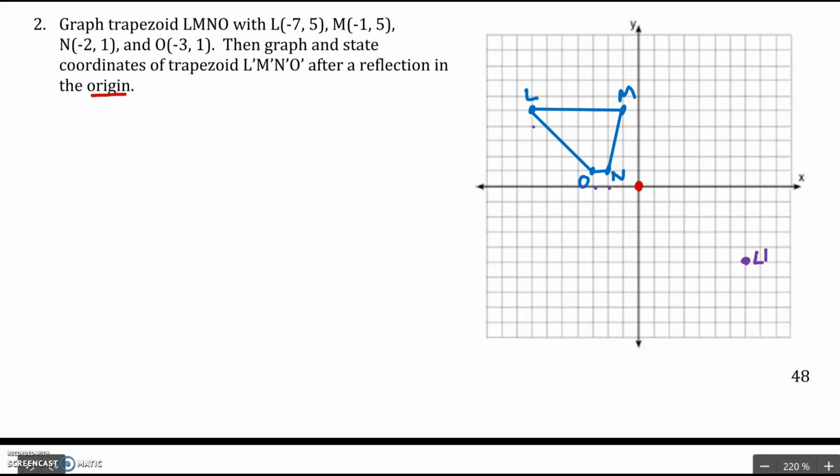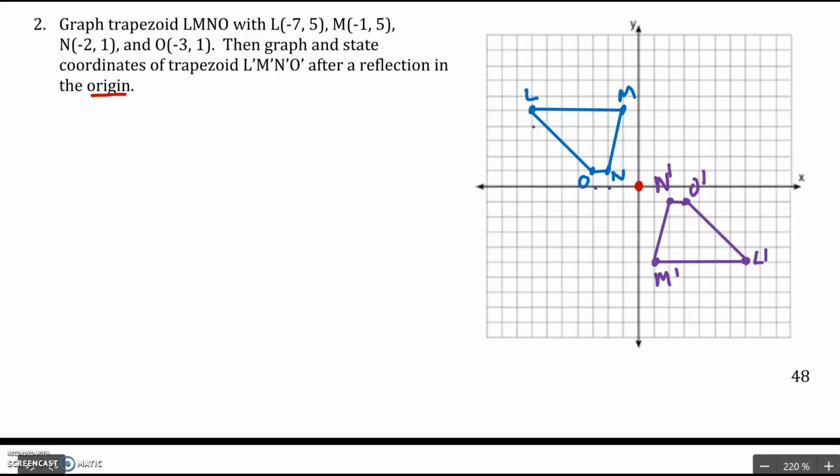Same thing for M: down 5 and right 1, down 5 and right 1 again. N is right 2 and down 1, right 2 and down 1. And O is right 3 and down 1, so right 3 and down 1 for O prime. There is our new one.